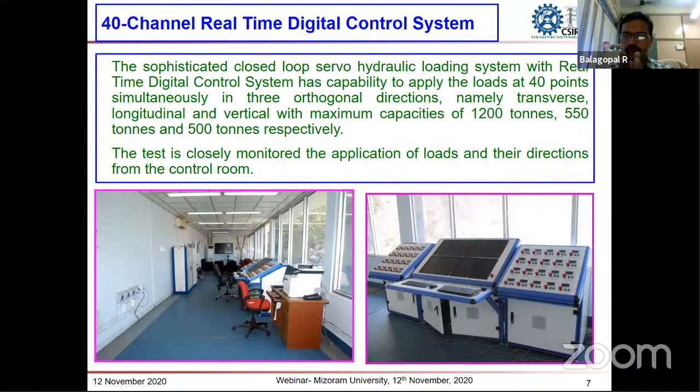As per the IS code and international standards, we first apply the load up to 50%, then slowly proceed to 75, 90, 95, and 100%. We take the deflection at all these stages of loading during testing. If at any point of load we notice any distress, we can stop the load using this emergency stop button. That is one of the unique facilities we have.